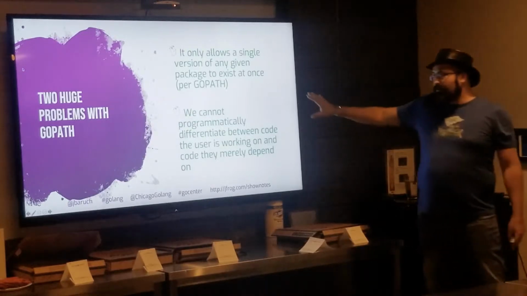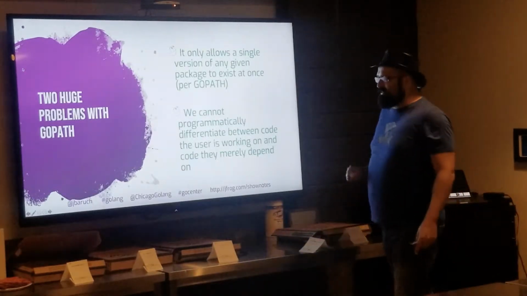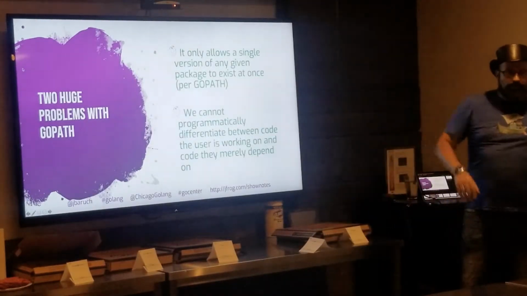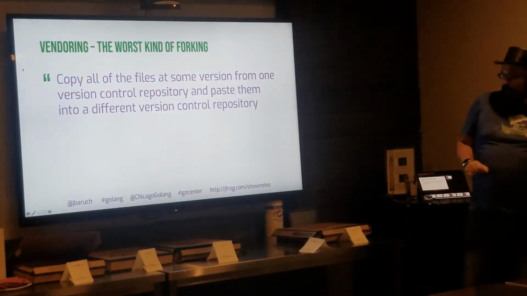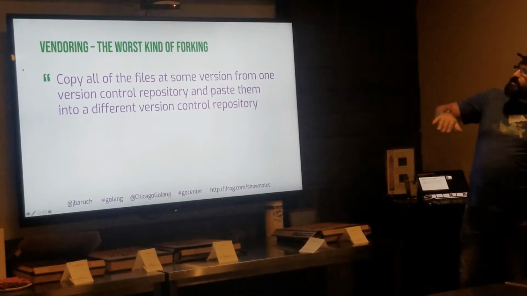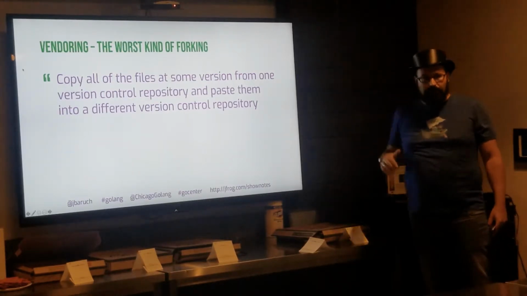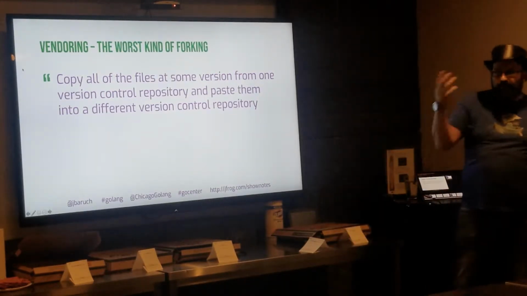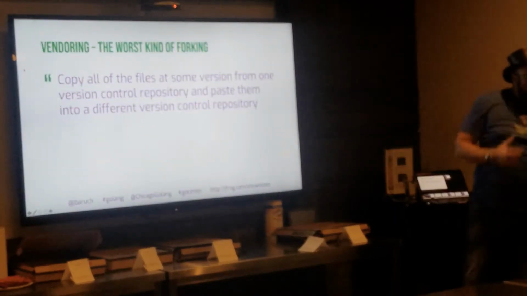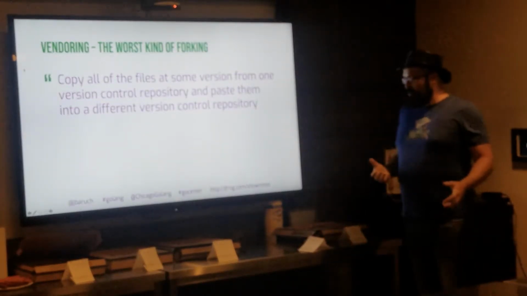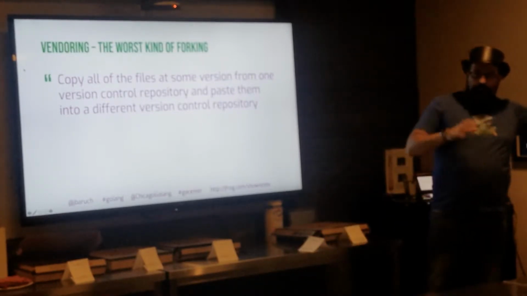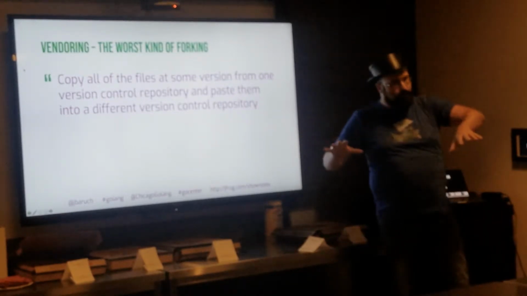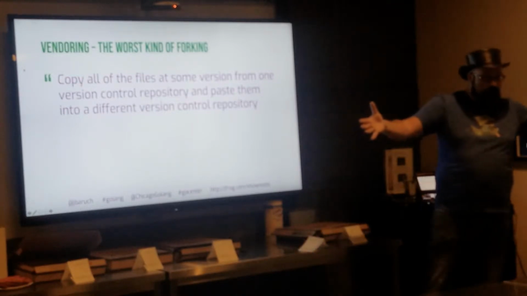So those are the two problems of GoPath, but vendoring has much bigger problems. And vendoring, I will claim, is the worst kind of forking. What is vendoring? Vendoring is what Brad Fitzpatrick told us to do when he said, take other people's code, dependencies, and commit it to your version control. This is basically vendoring.